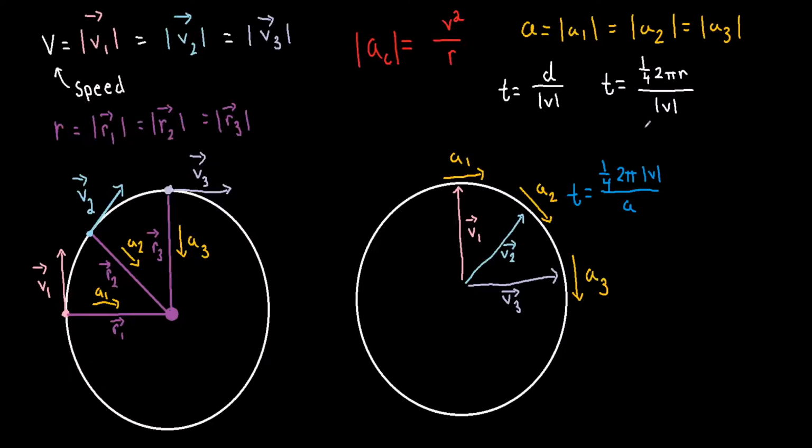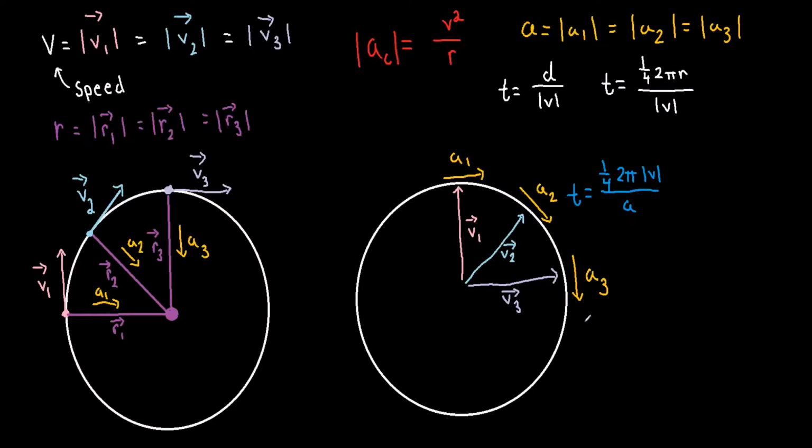So to re-emphasize, this equation over here represents this circle, and this equation over here represents this circle. And the time it takes to go from here to here is going to be the same amount of time to go from here to here. So now let's set them equal to each other.